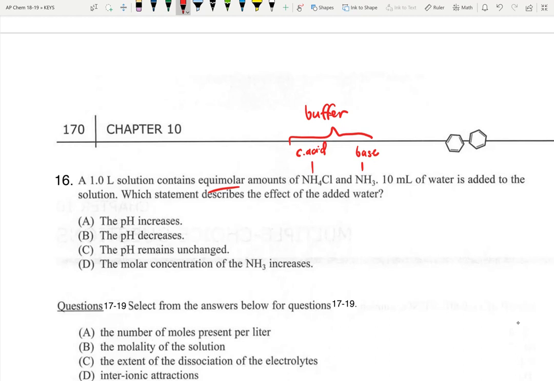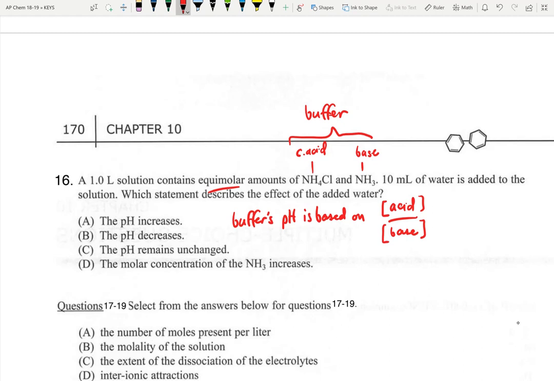This is a truth in general, no matter what we're talking about, a base with its conjugate acid, an acid with its conjugate base, either way, a buffer's pH is based on the ratio between acid and base molarities, or the number of moles present. That one would be even better here. It's based on that ratio.